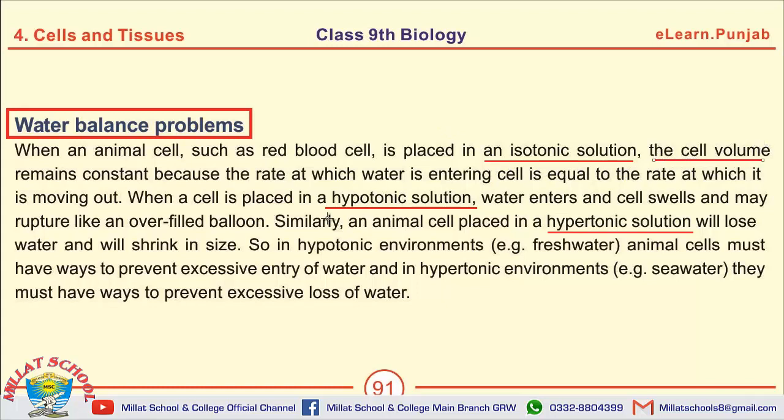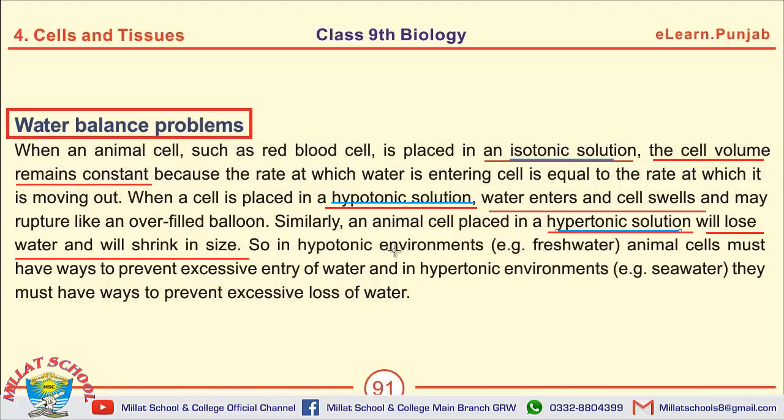The cell volume remains constant. When it is placed in the hypotonic solution, water enters it and the cell swells. And when it is placed in hypertonic solution, it will lose water and will shrink in size. The MCQs may be about the effect of all these solutions.